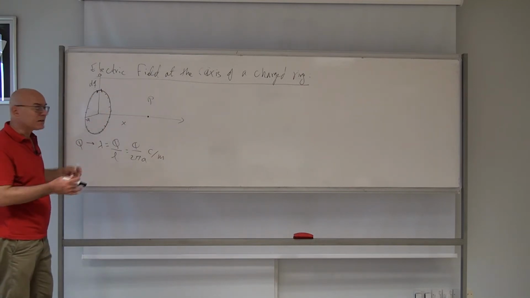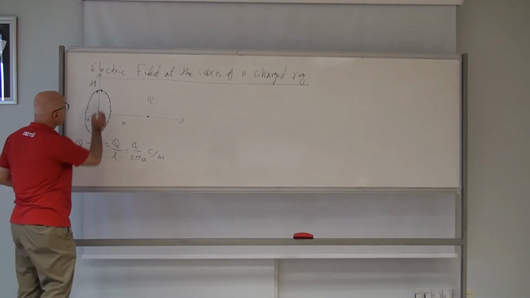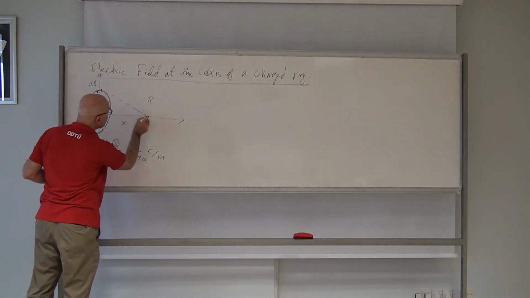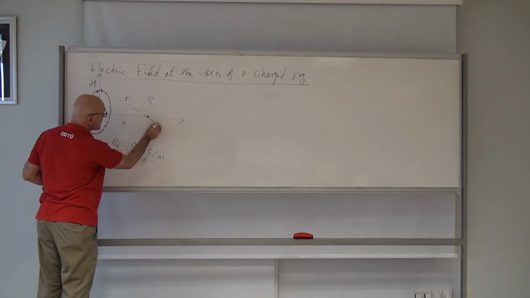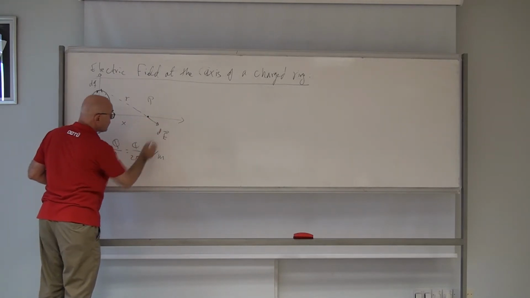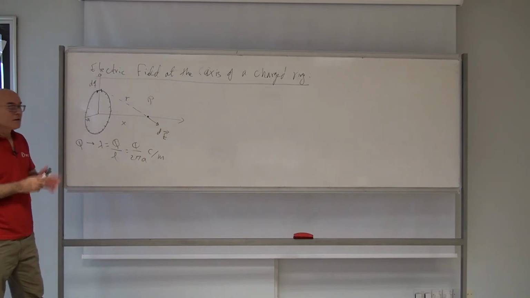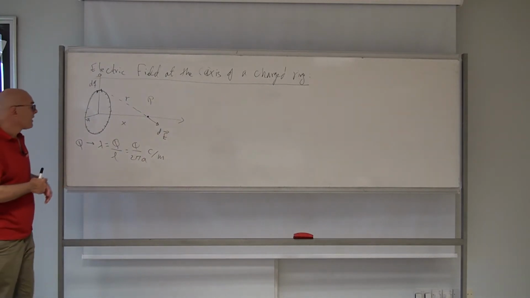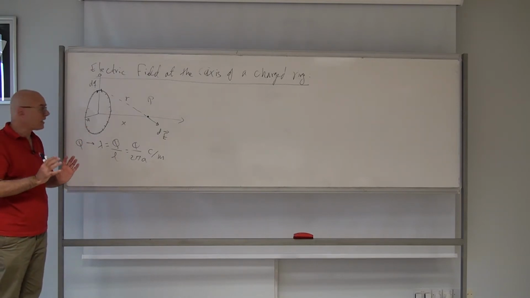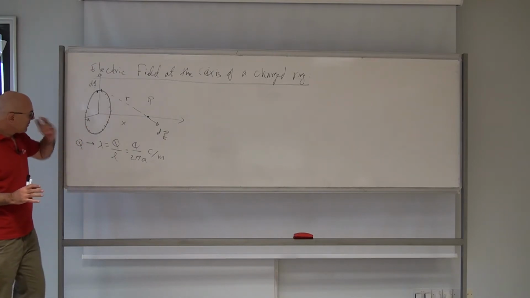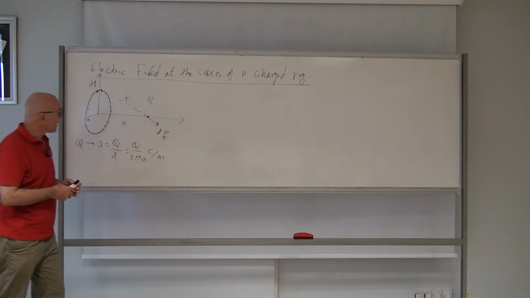Again, for definiteness, I take this dq to be positive. This distance is r, and so the electric field of dq, which is dE, will be in this direction. I'm still under conceptualization.